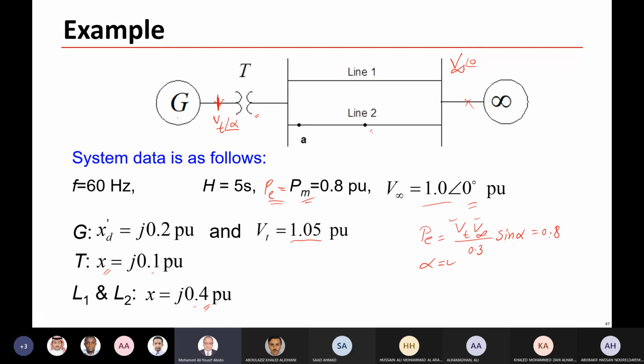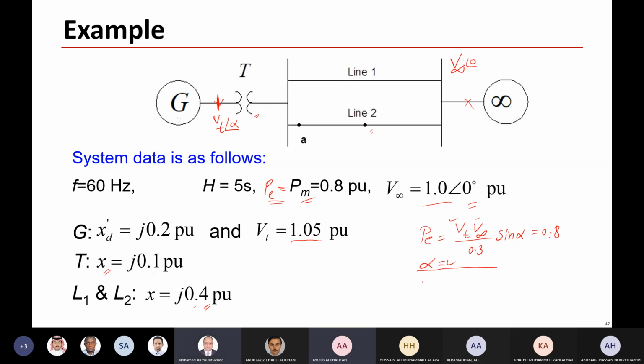Okay, if you get alpha, how can you proceed? Ayub, Khalifa? Calculating the current. Calculate the current.